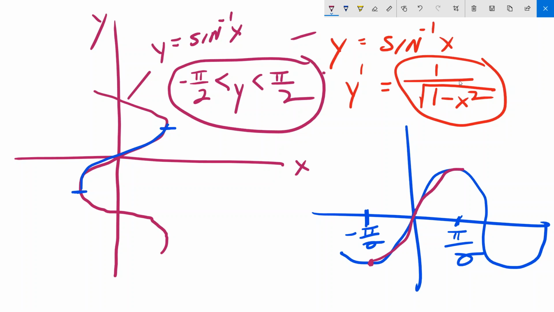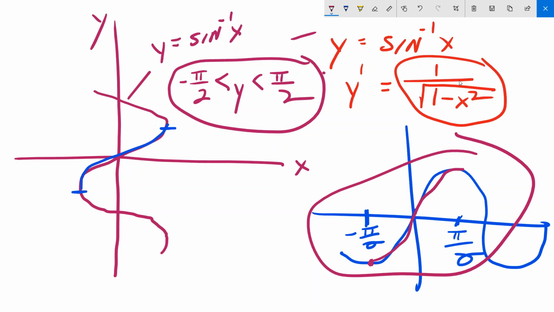That's a function, and its inverse is a function. That follows not just the vertical line rule, but the horizontal line rule also, which means its inverse is also going to be a function. All I've taken is this curve on the lower right, and I have reflected it across the line y equals x.